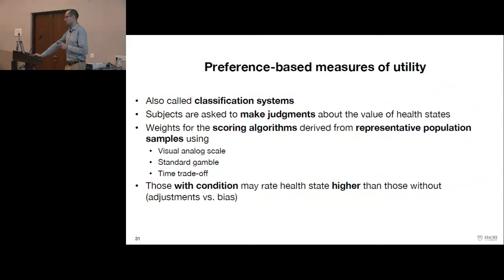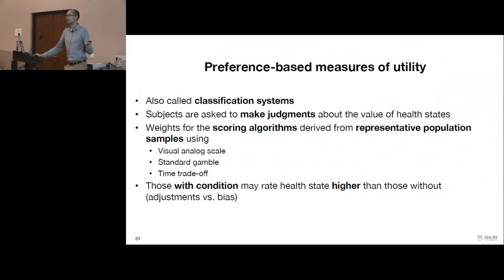But the current gold standard in assessing utilities are so-called preference-based measures. Sometimes they're called classification systems. To obtain these utility values, study subjects are asked to make judgments about the value of health states.